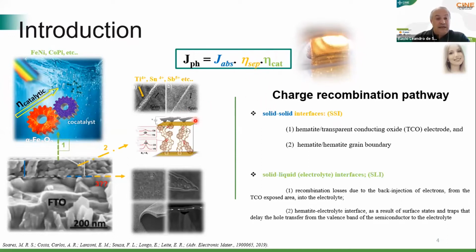In these last 3 years of the research project with the P5 team, we have been working with the solid-liquid interface using a co-catalyst, and we have had some success on that.